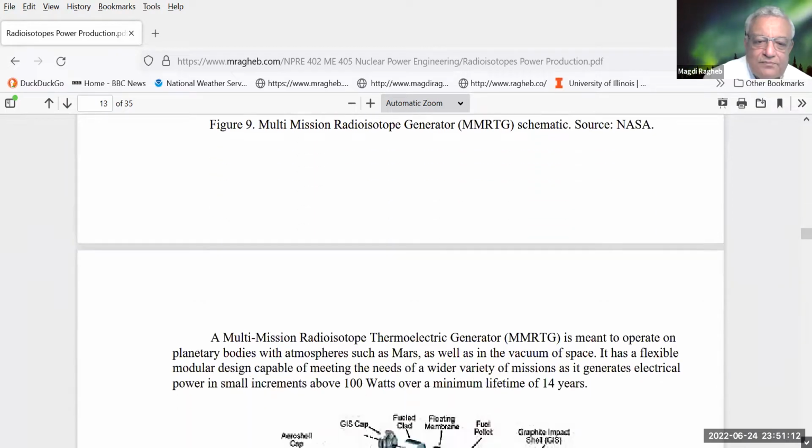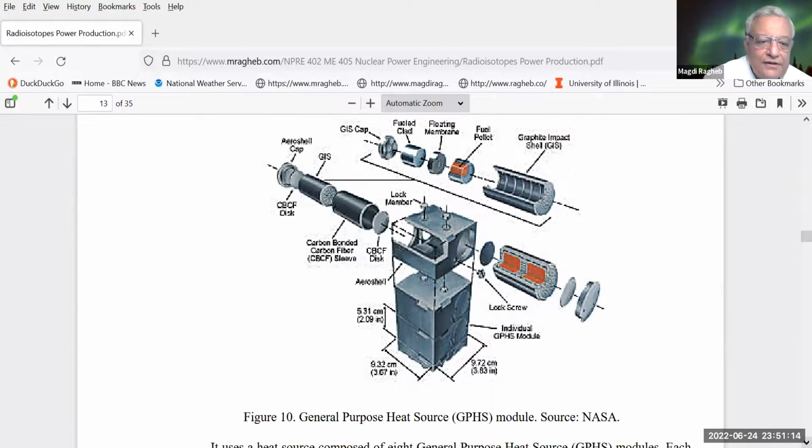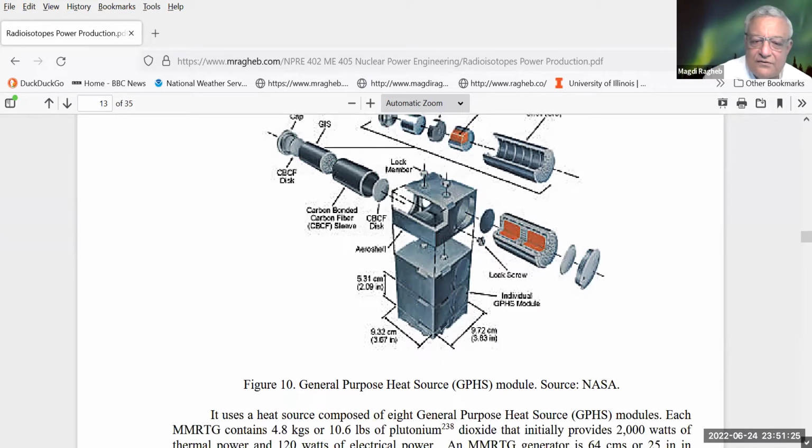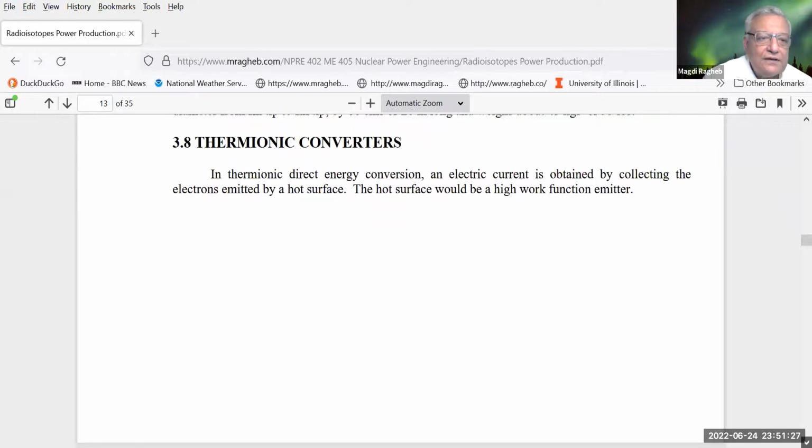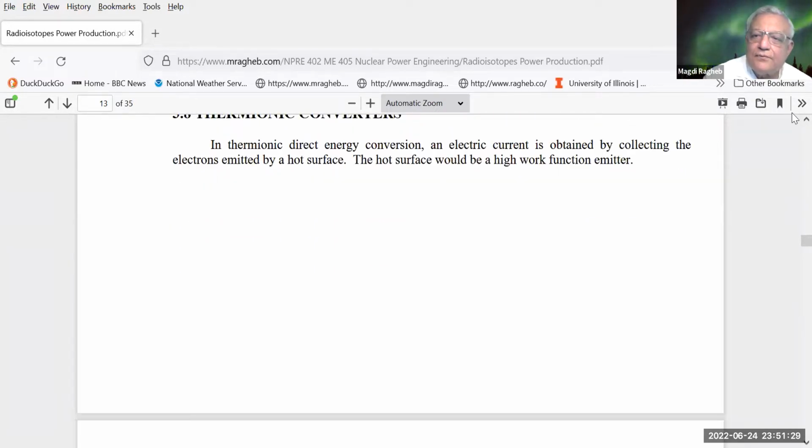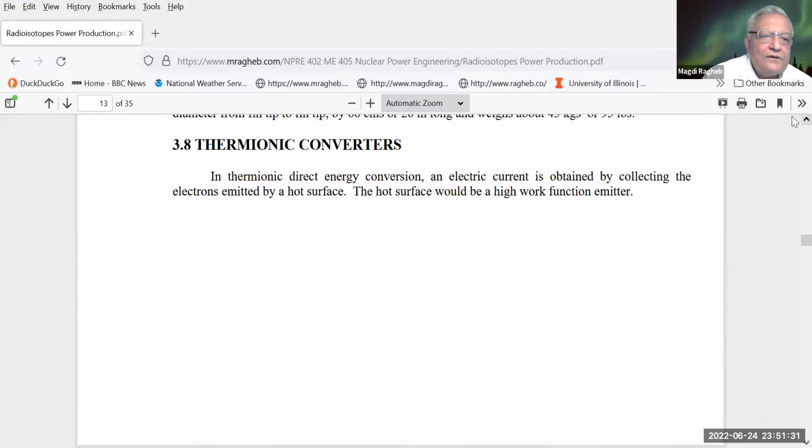So that provides power, enough power for many experiments. They call it the general purpose heat source module designed by NASA. This would be the radioactive isotopes right here, but electricity now is available for running the space probes on Mars.